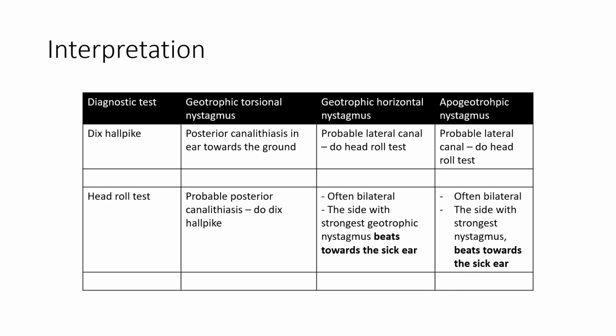So the rule of thumb here is that when testing the lateral canal, the nystagmus, whether it's geotropic or apogeotropic, will go towards the sick ear. So with an apogeotropic nystagmus, the nystagmus that is most severe will go towards the sick ear.